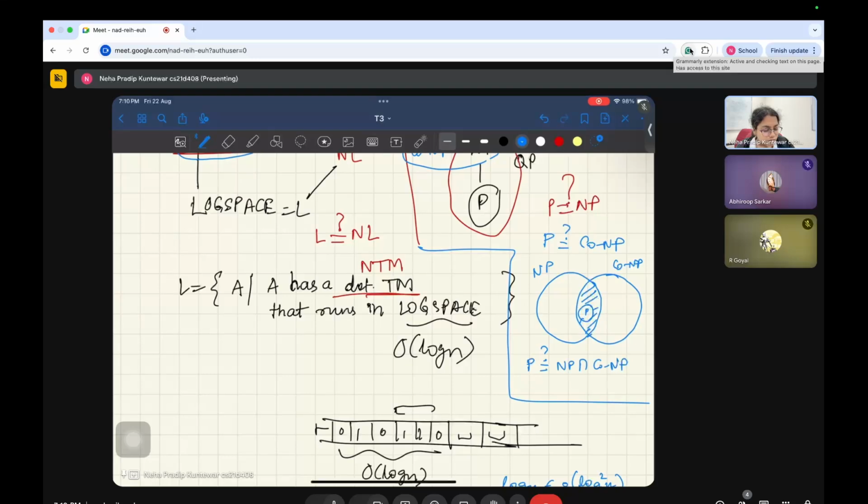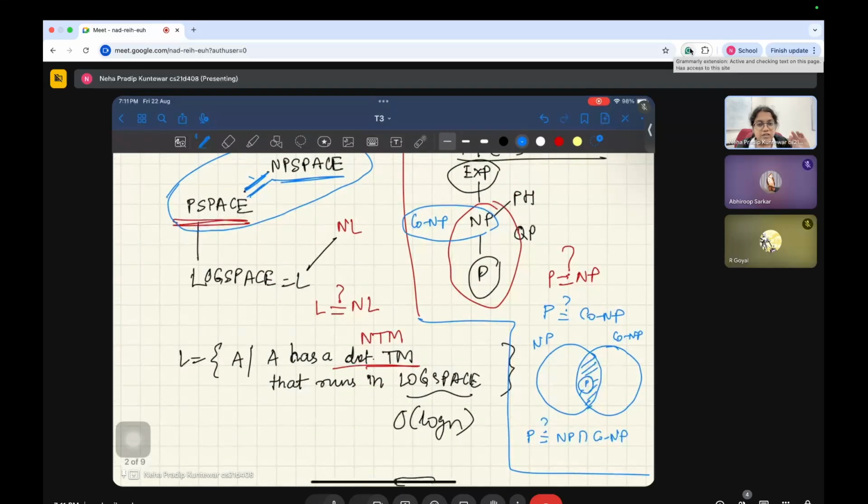Similarly, you can define a class called co-NL. I'll call it co-NL because co-L does not make sense. Co-L will simply be L, because it's a deterministic Turing machine; you can just swap the accept and reject states and you'll get the machine.